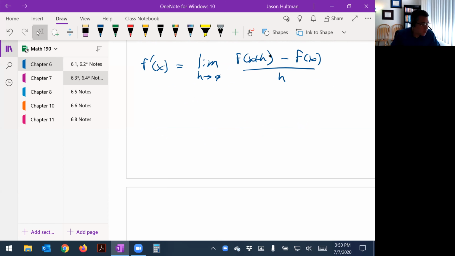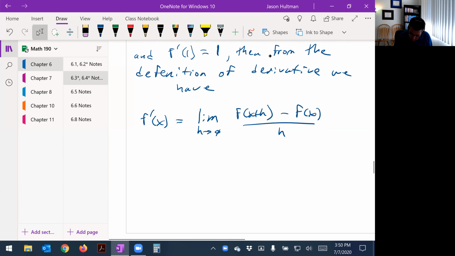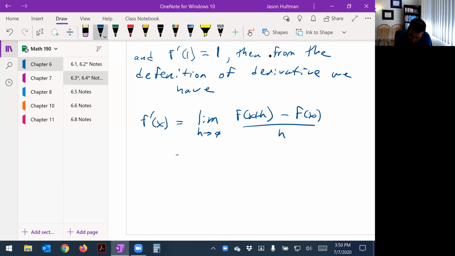So f prime of x is equal to this, right? What are we looking at though? We're looking at f of x being the natural log. So this is equal to the limit as h goes to 0 of the natural log of x plus h minus the natural log of x all over h.